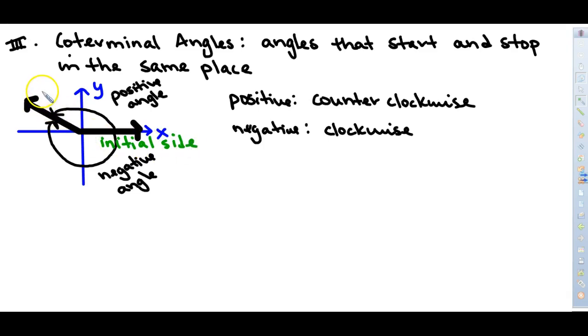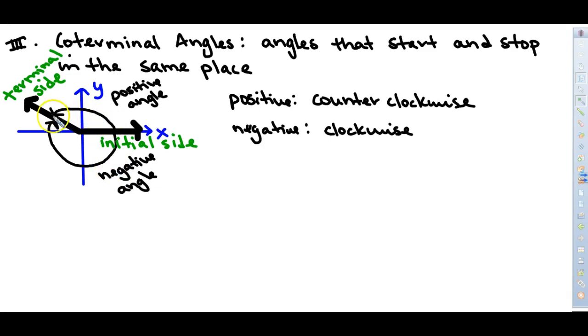And where we stopped, that's referred to as the terminal side of our angle. Both of these angles started and stopped in the same place, so that's why they're referred to as coterminal angles.